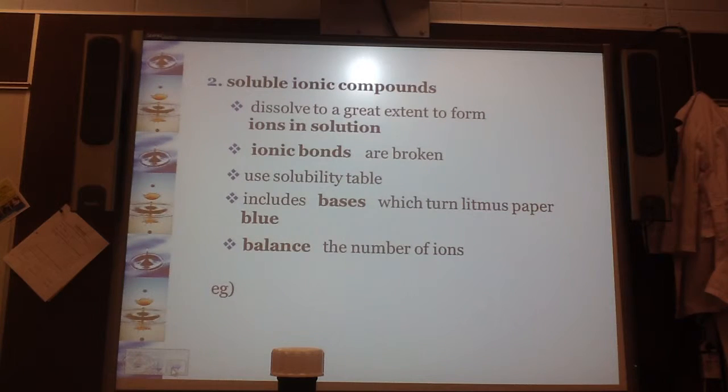When you're writing out your formula, you balance the number of ions. Say you have NaCl solid. If I have an arrow representing dissolving it in water, what I have left over is sodium ion, aqueous, and chloride ions, aqueous.